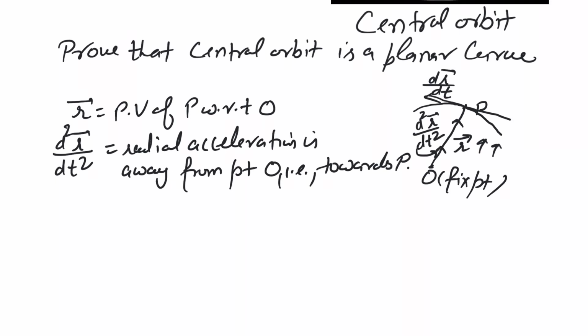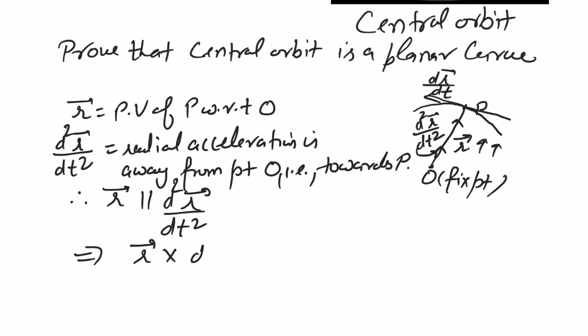So we can easily write that the r vector is parallel to the acceleration vector, and we know that if vectors are parallel, then their cross product is always 0.